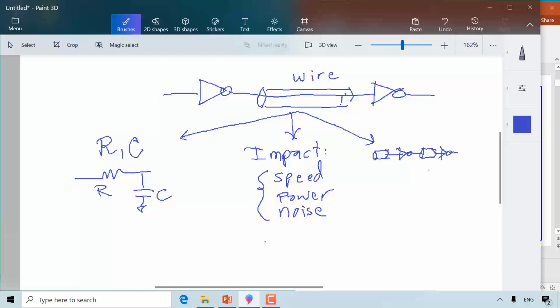So we will discuss repeaters as well in this lecture, and also finally we're going to talk about an interesting phenomenon which is the skin effect. So four major topics in this lecture.